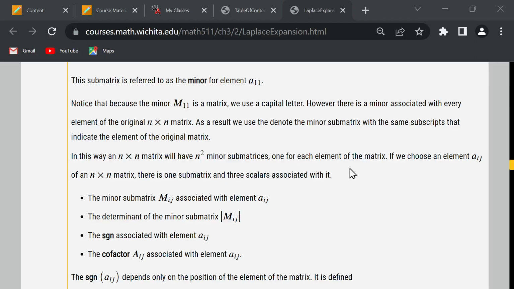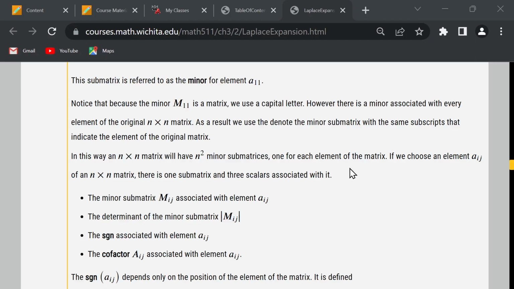And we have a special function called SGN, which is short for sign, called the sign associated with that element. The sign, 1 or minus 1, associated with the element Aij times the determinant of the minor associated with element Aij is called its cofactor, capital Aij.